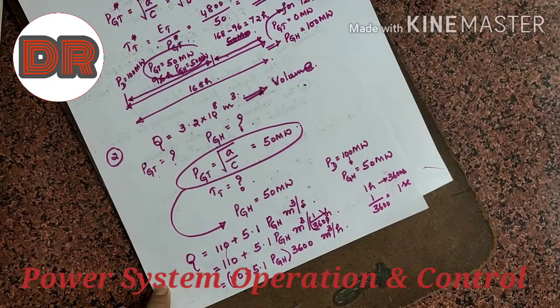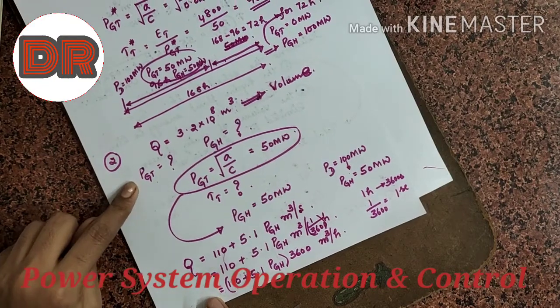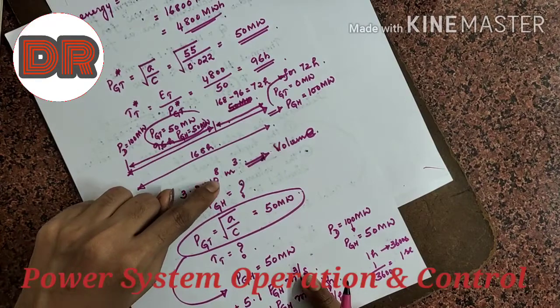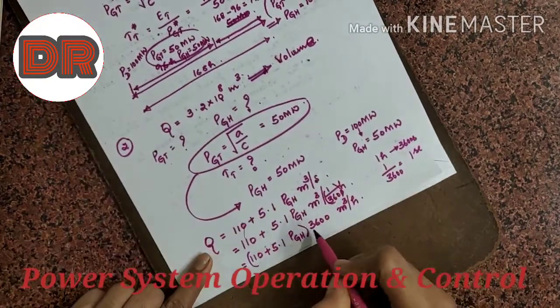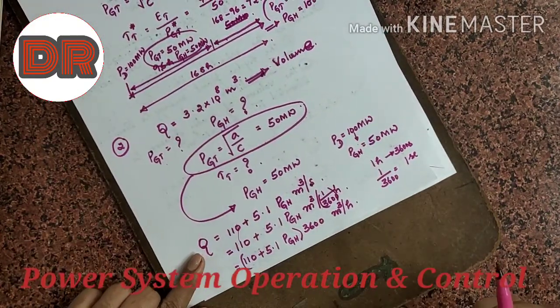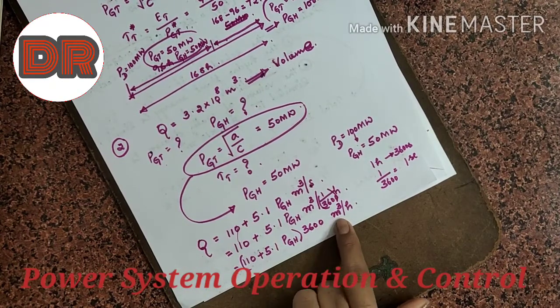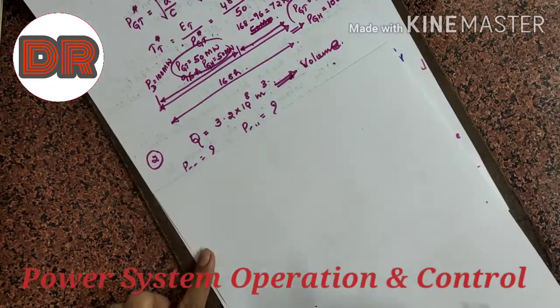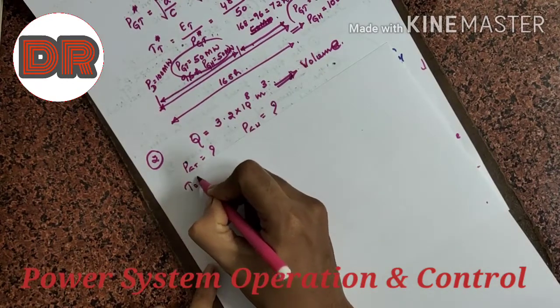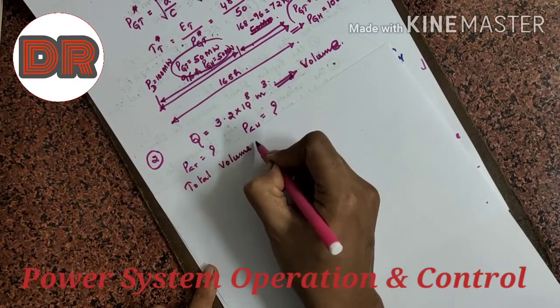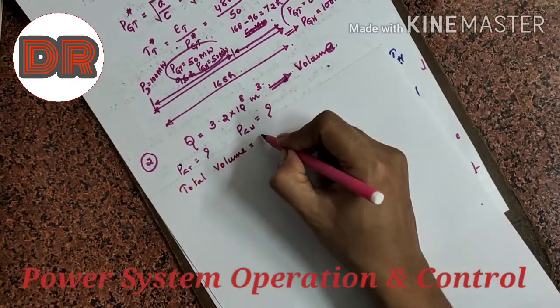So we want total volume. Total volume here it is given in meter cube per second, but the actual value given is in meter cube. So let us convert this into meter cube. How to convert this into meter cube? You simply multiply the entire equation with the number of hours. Now the total volume can be split into two parts.